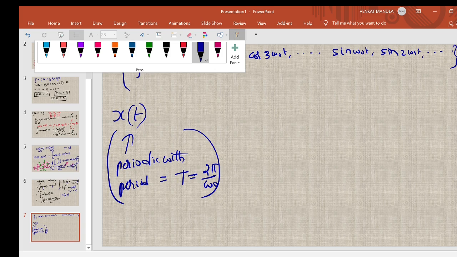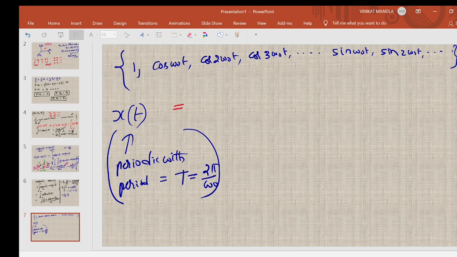Then this x of t can be represented as the linear combination of all these orthogonal signals. So the coefficient is, let us say, a naught into 1 plus a1 into cos omega naught t. These are coefficients, right?